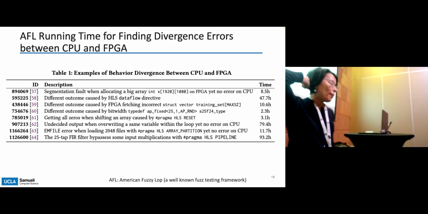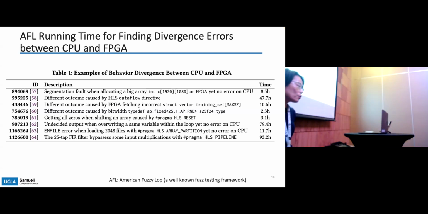These are numbers that my postdoc back then, Qian Zhang, actually found. These numbers are incredible. It would take almost 90 hours to find a single bug. And do you know why? Can we guess why? To debug. Debugging is one thing, but there's an even more obvious but bigger problem.